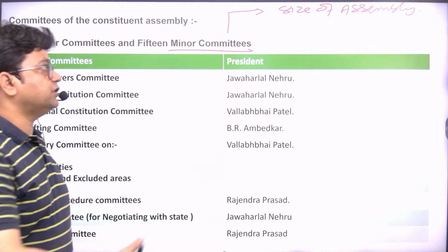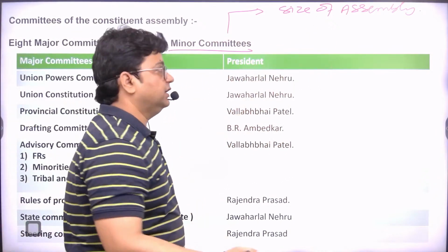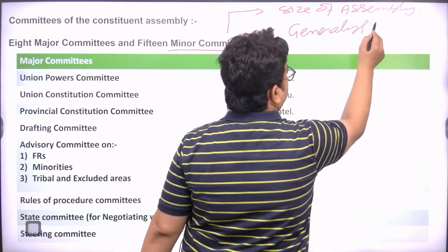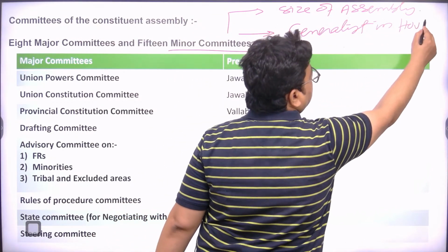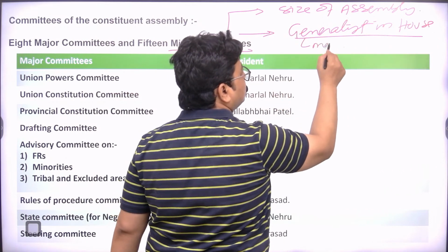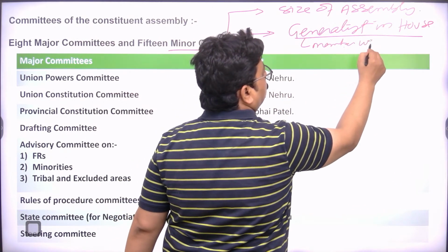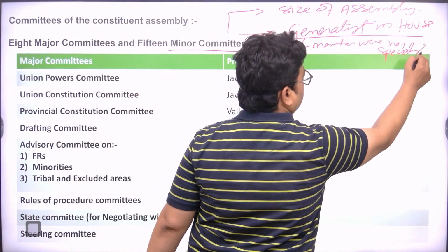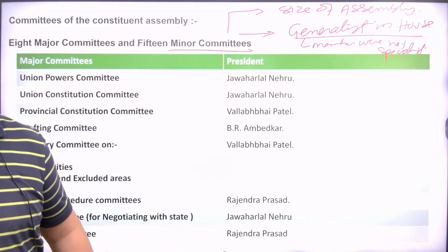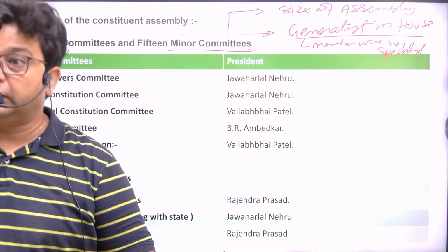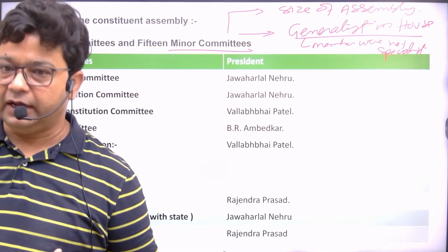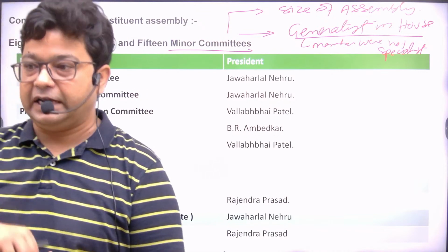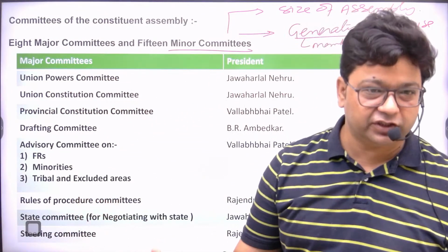And the second, apart from the huge size, is the presence of generalists in the house. It means that members were not specialists in the subject matter. The house will give a general idea, a general view on any matter, but for detailed discussions, a specialist is required.